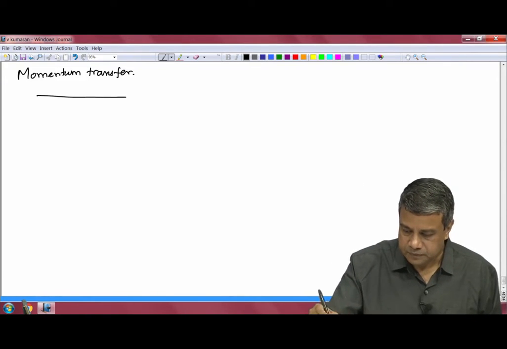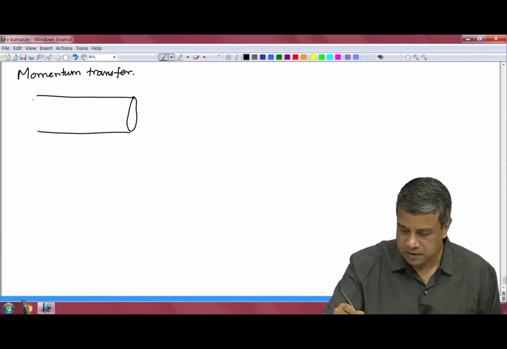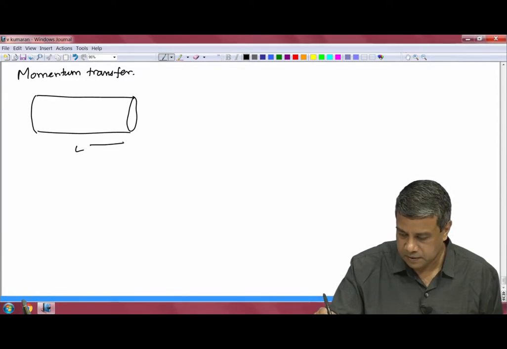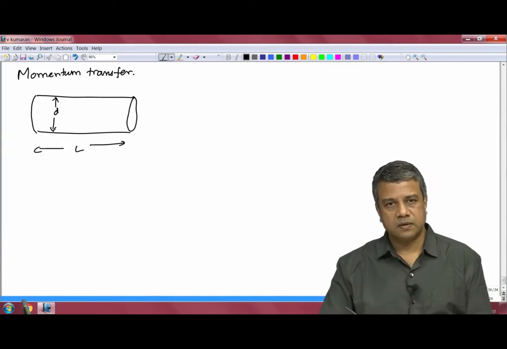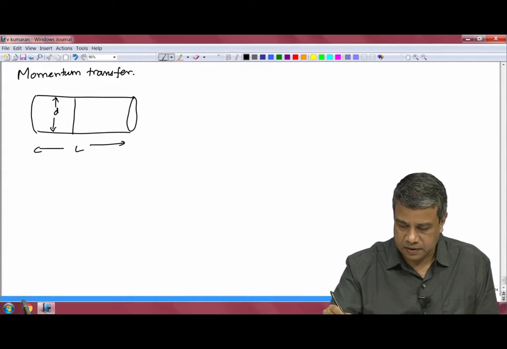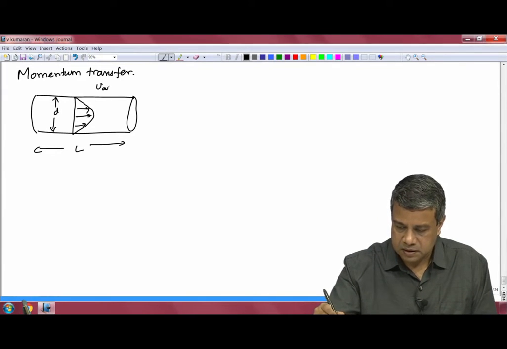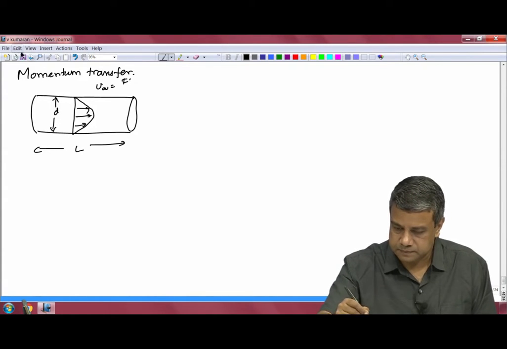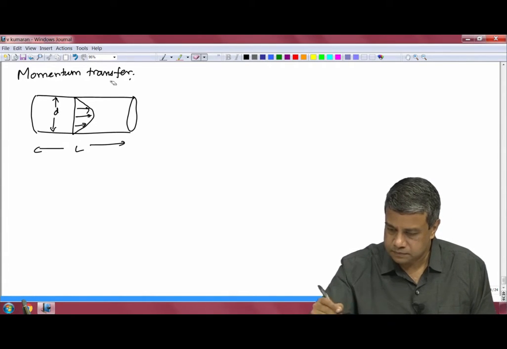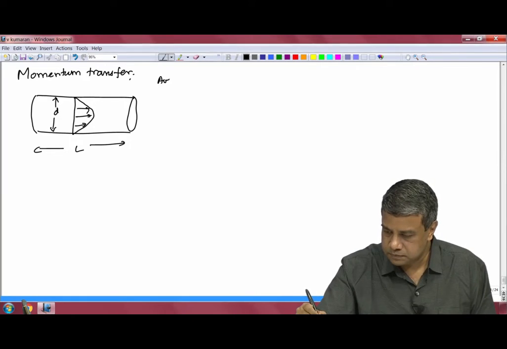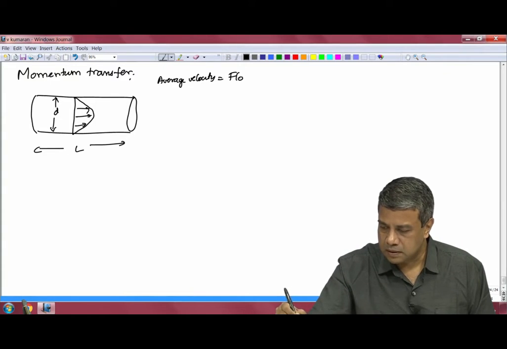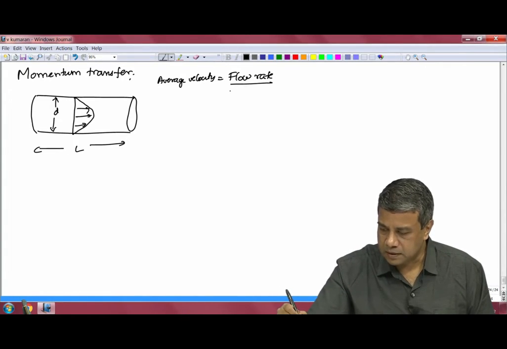The simplest problem of momentum transfer for an internal flow is a flow in a pipe, length L, diameter D. We will see a little later that the velocity profile across the pipe is a function of position, but we define the average velocity as flow rate by cross sectional area.